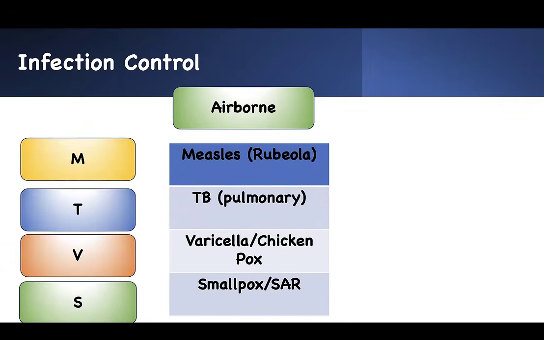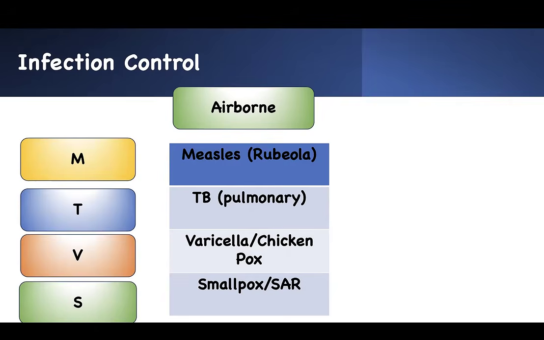These are the organisms. The M is measles, called rubeola. T is TB, pulmonary tuberculosis. V is varicella or chickenpox. S is smallpox and SARS virus. These are the 4 or 5 organisms you should master for the airborne precaution.